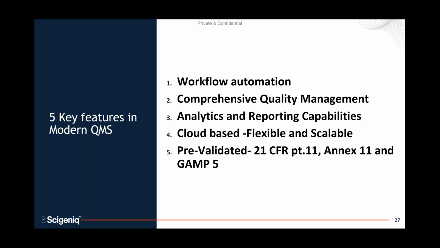We need a cloud-based solution that is flexible and scalable, and we will talk about this also in a moment. And last but not least, of course, the validation. Now, the cloud solutions come pre-validated according to CFR Part 11 and GAMP 5. So this is very important to minimize also the efforts of going live with these processes.